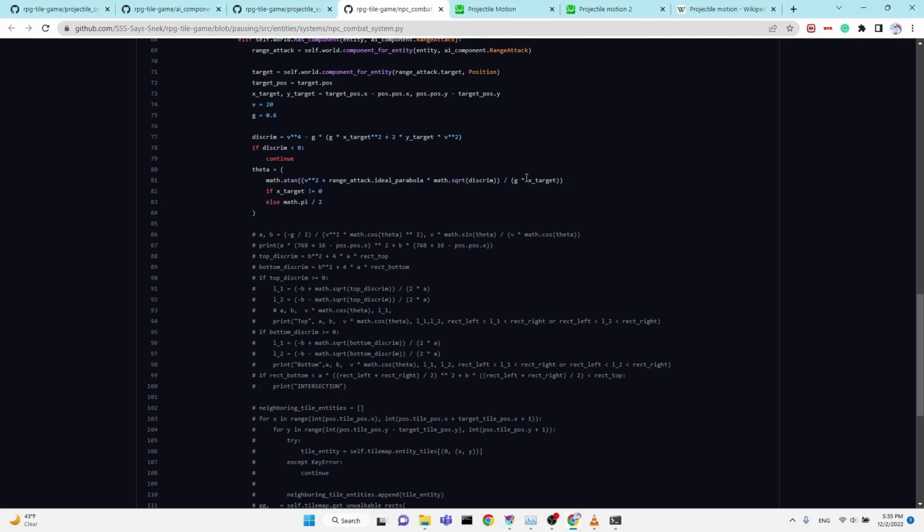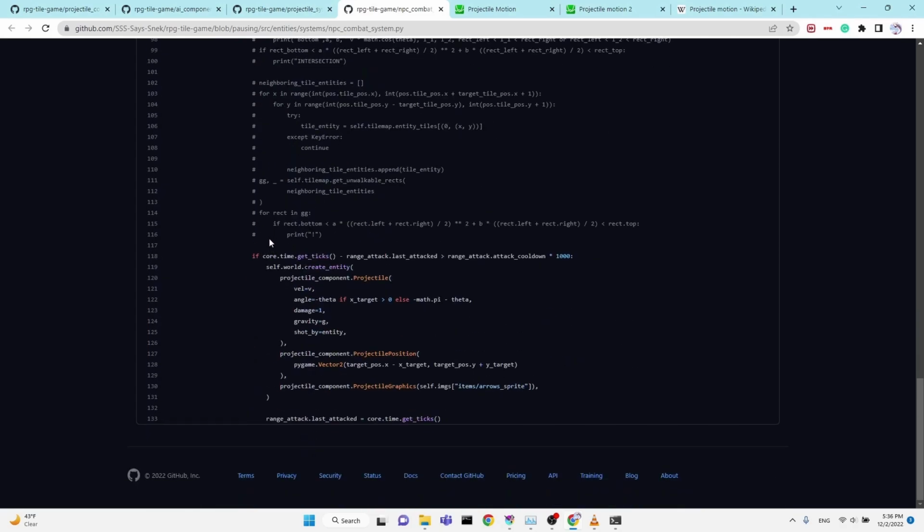Then the x target is going to be 0, and we're going to be dividing by g times 0, which is 0. We can't divide by 0. So I say, if it's 0, theta is going to be math.pi/2, or 90 degrees, which makes sense.